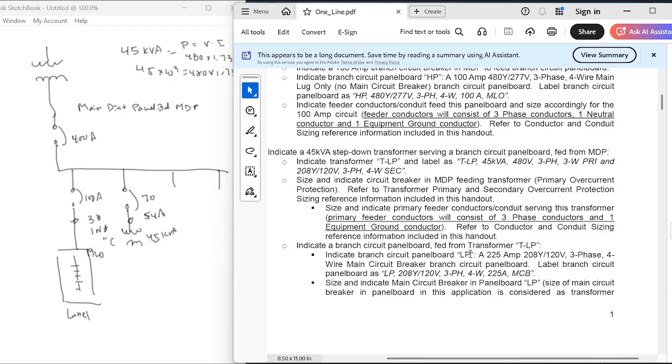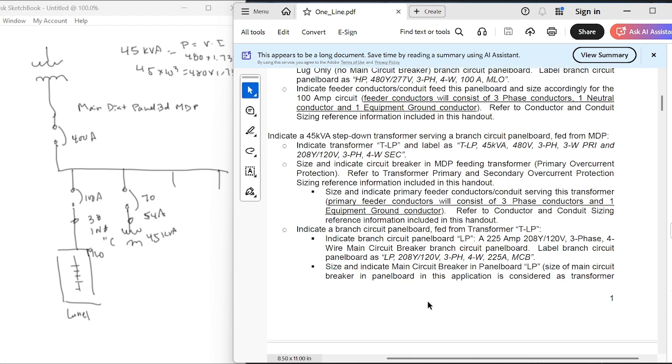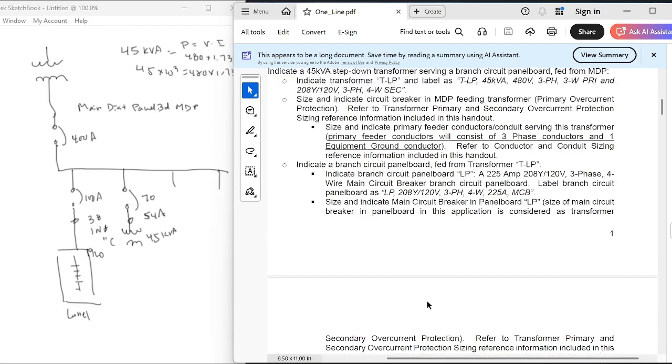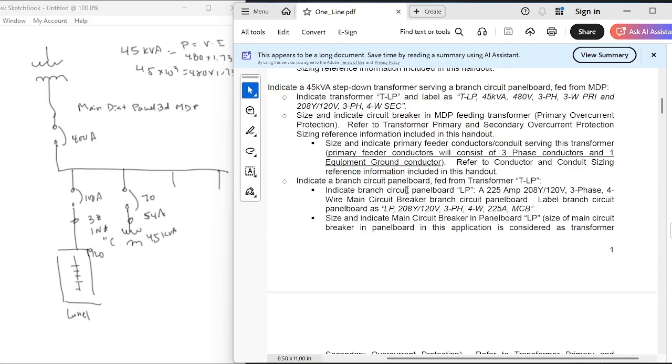So they undersize the main circuit breaker. Okay. Here you use a panel board that is appropriate. But you have to use a circuit breaker that is appropriate as well.